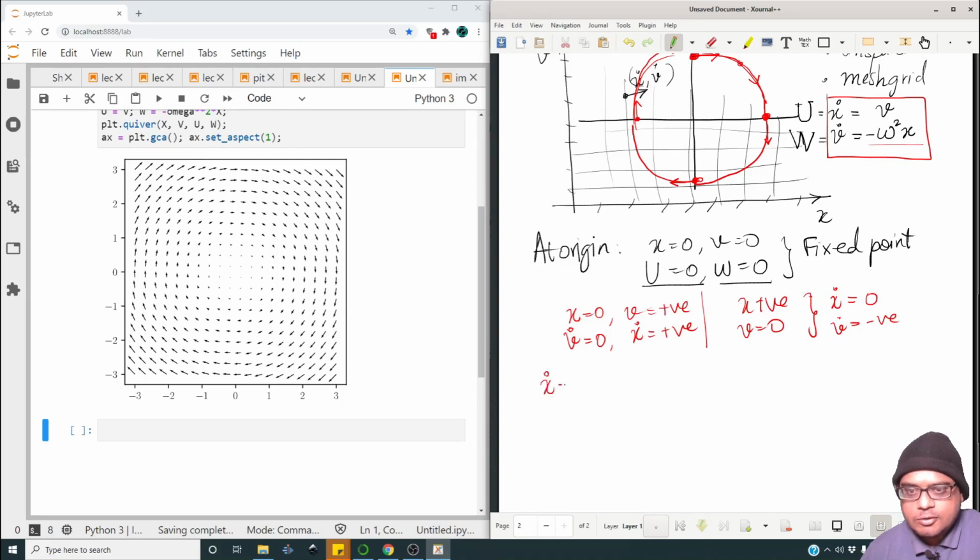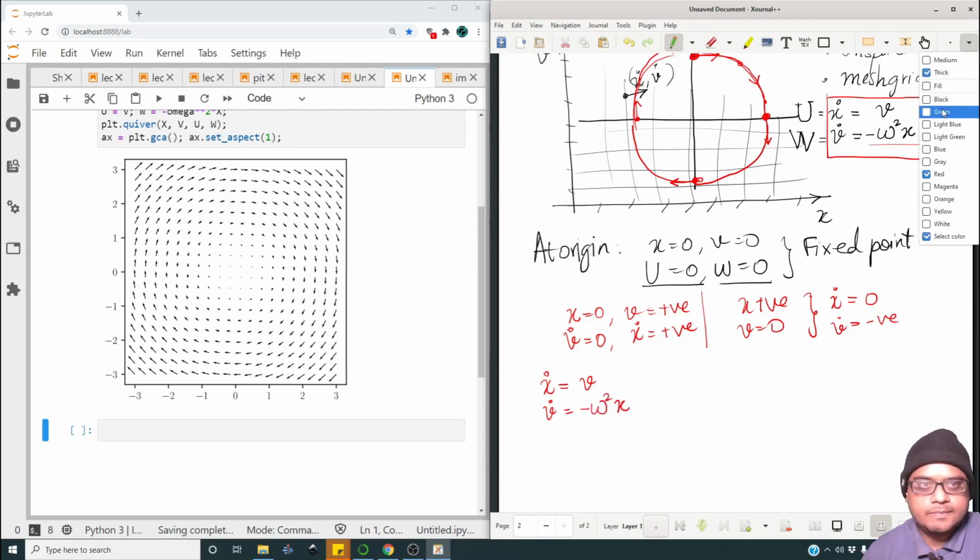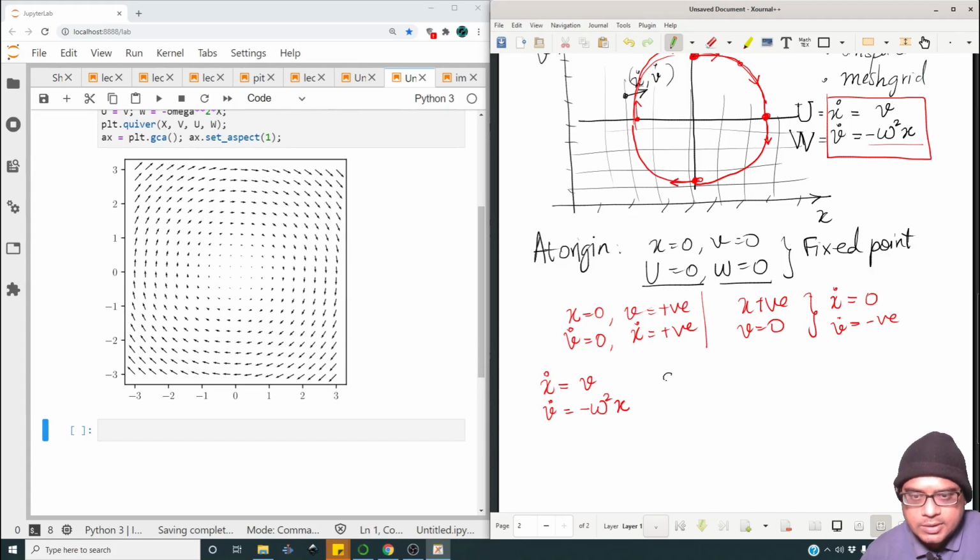We have x dot is equal to v and v dot is equal to minus omega square x, and this implies dx dt is equal to v and dv dt is equal to minus omega square x. Let us divide this.